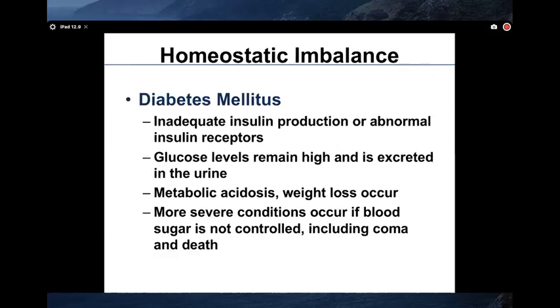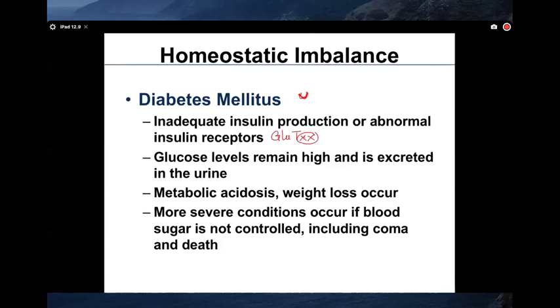Diabetes, if you remember, we have two types. We have type 1, which is a problem with the formation of insulin. We have type 2, which is a problem in the insulin receptors. So my problem here is that I'm not able to get the glucose to the inside of my cells because I don't have the glucose transporters, because either I don't have insulin or I have an abnormal insulin receptor.